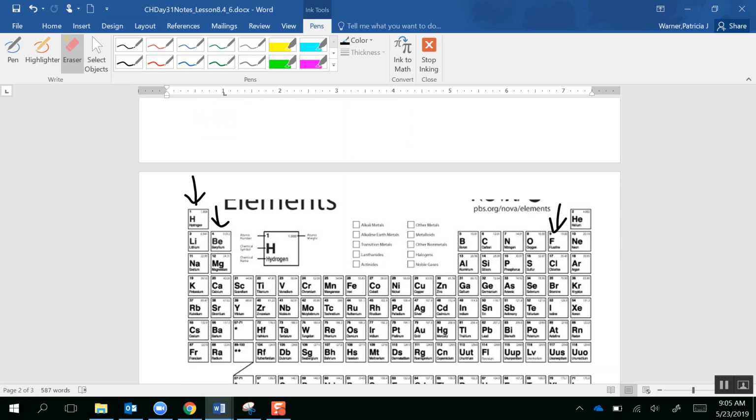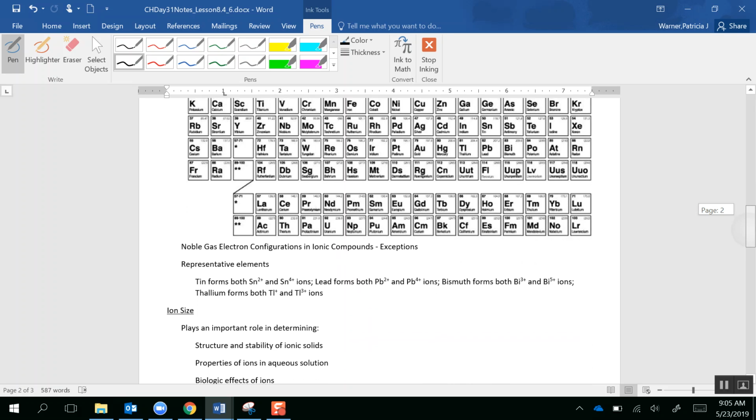What that goes back to is that this is going to be a +1, this one's going to be a +2, this one, at least aluminum in that column, is going to be a +3, -1, and -2. So that's what that's talking about, only it's using a different language to discuss that.